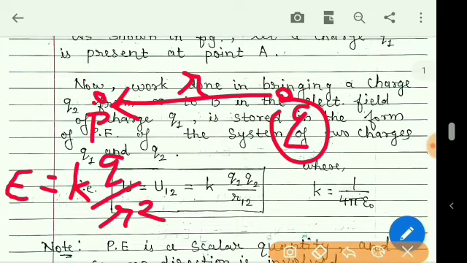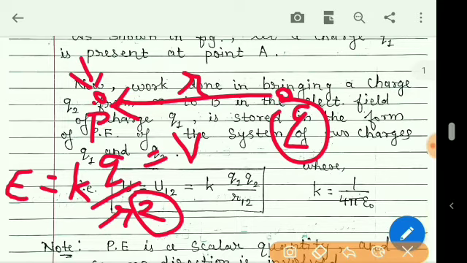But if I ask what is the potential at point P due to charge Q, then we know that we have to simply remove this R, and so the formula will be KQ by R for potential.